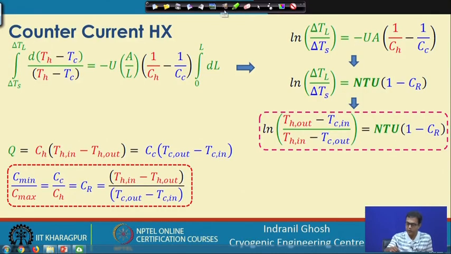If we take this C out, that becomes UA by C_min, and this becomes C_C by C_H minus 1, and C_C by C_H, that is C_min by C_max, we know that C_min by C_max is equal to C_r.